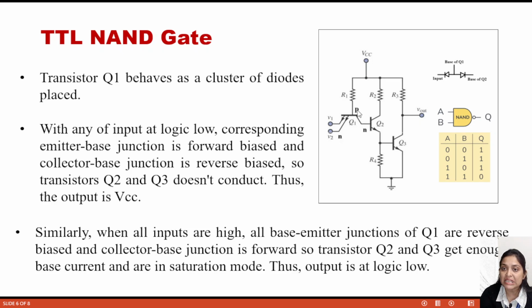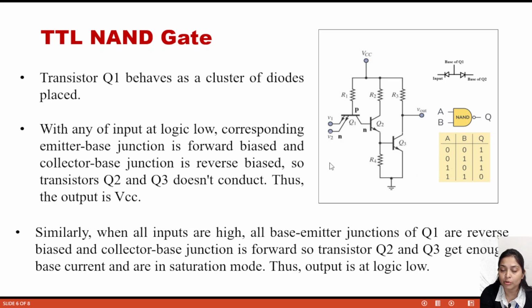So as P is connected to high voltage, at first we will consider only logic 0 at any input. If I consider logic 0, we can cover all these combinations, that means 0 0, 0 1, 1 0.